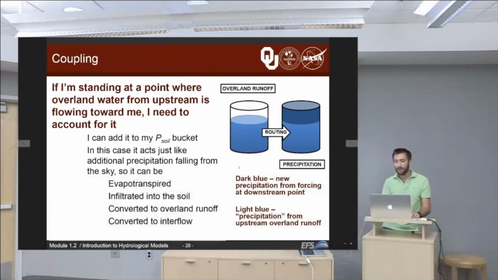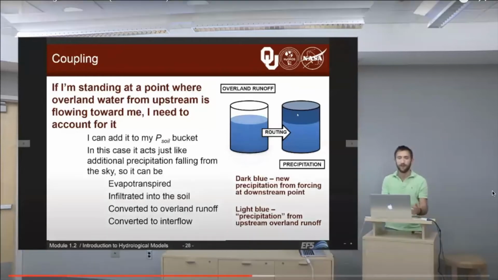And so you can see in this cartoon at right, the light blue colored area, that's the overland runoff from the previous cell. And in the downstream area, after routing, we fill up our new bucket with this dark blue area, which is new precipitation falling at the new point where I'm standing.